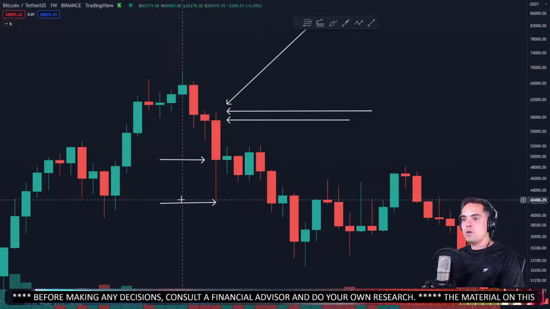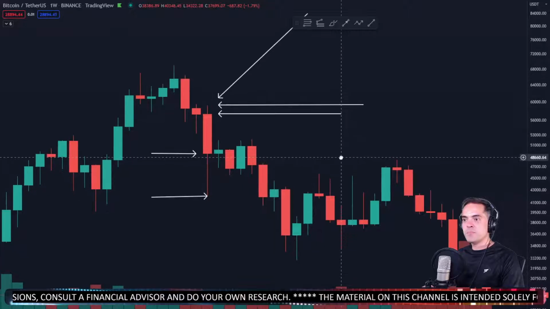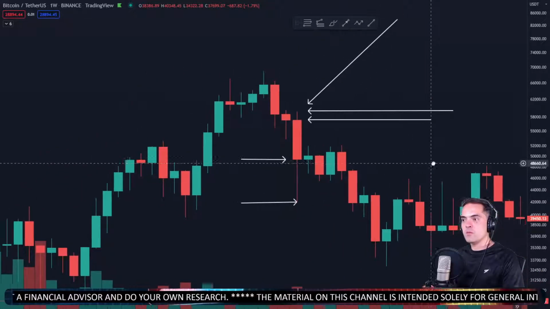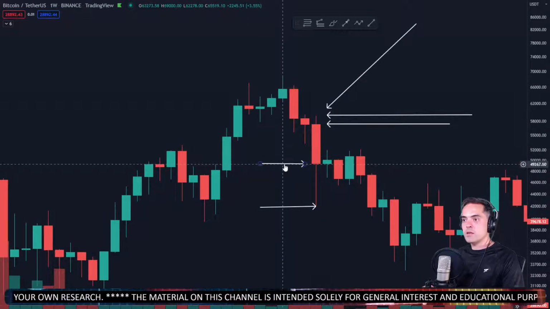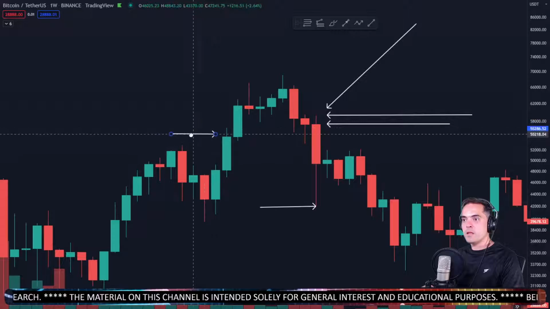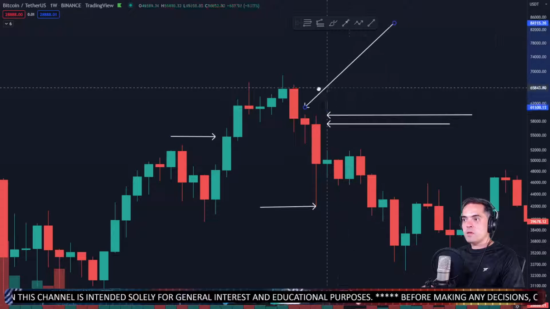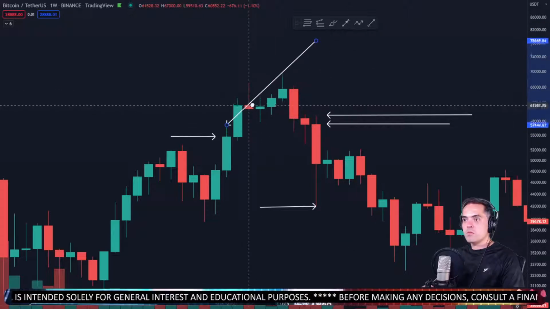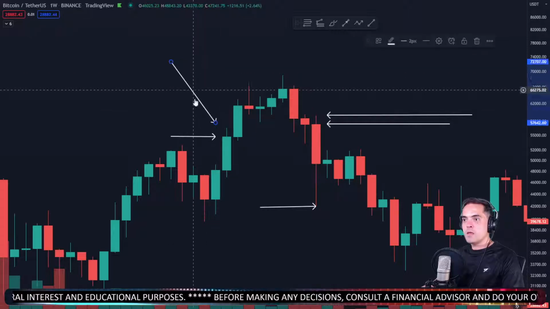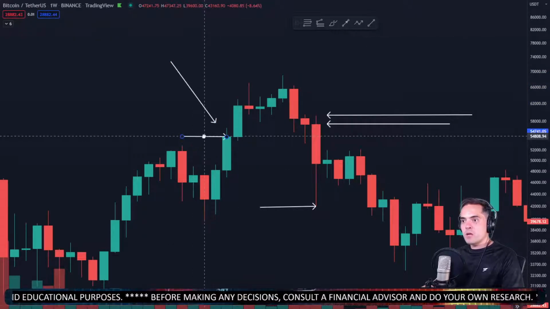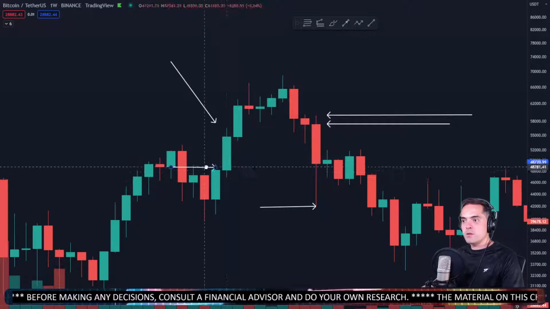Now let's pick one more candle, this time a green candle, this green candle right here. Let's talk about the opening first.